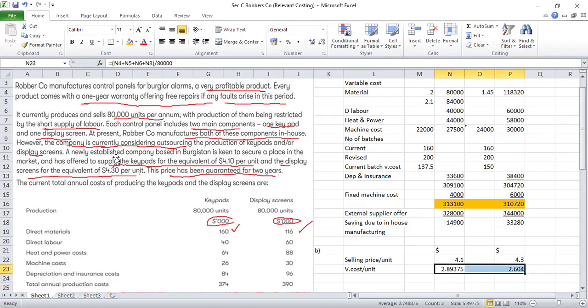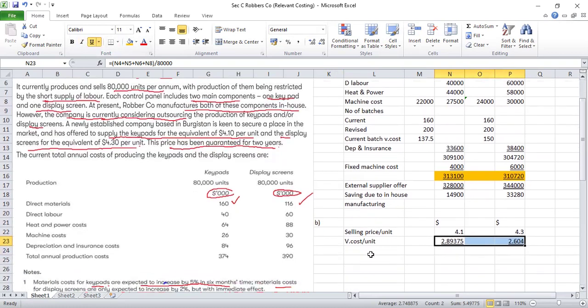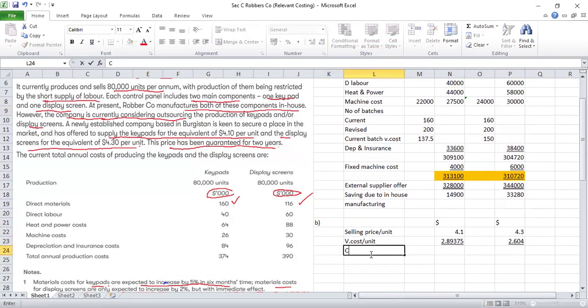Now we can calculate contribution per unit: 1.2 and 1.69.